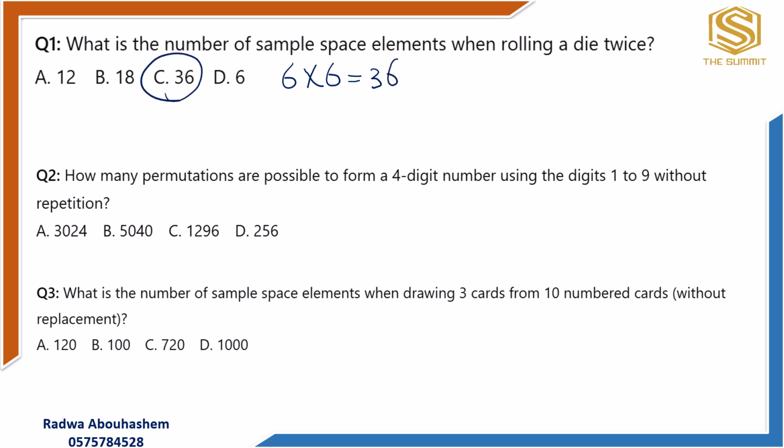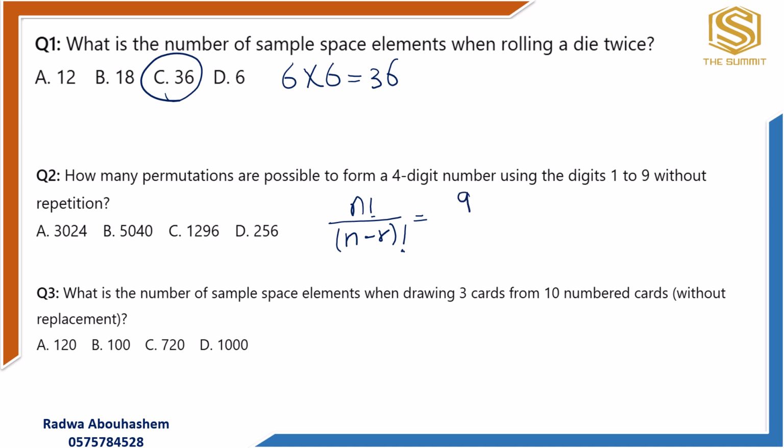How many permutations are possible to form a 4-digit number using the digits 1 to 9 without repetition? Okay, here, the permutation rule is n factorial over (n minus r) factorial. So let me get it here. How many digits do we have?